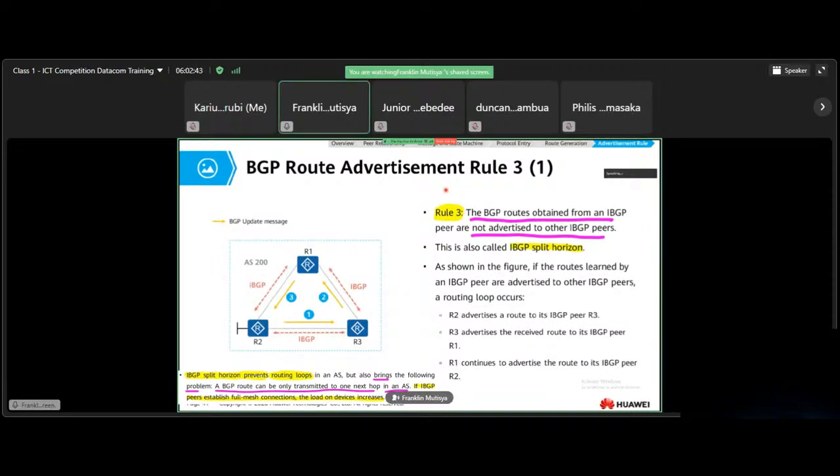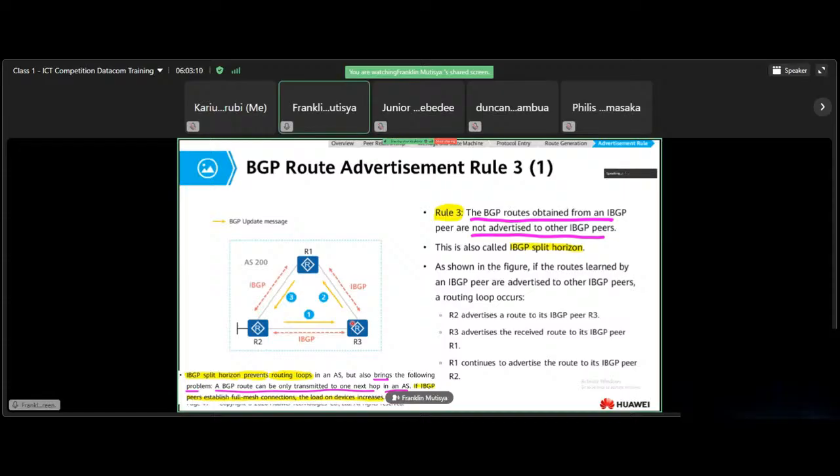Rule number 3. The BGP routes obtained from an IBGP peer are not advertised to other IBGP peers. For instance, assuming router 1 receives an IBGP route from router 3, that route is not advertised anywhere else. This is what we call split horizon.